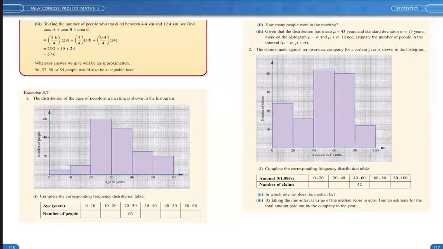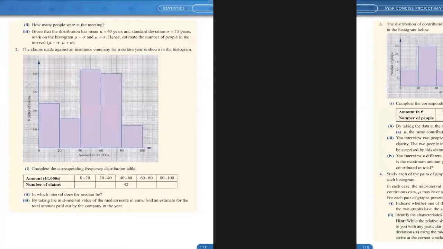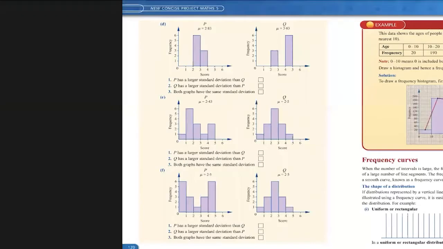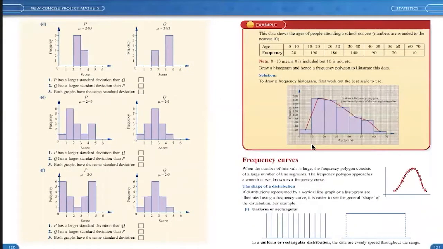This is all about working with histograms and being able to plot them, read them, and understand them. But I want to get on to this one where we can superimpose a curve over the histogram, in the example on the right of this book.